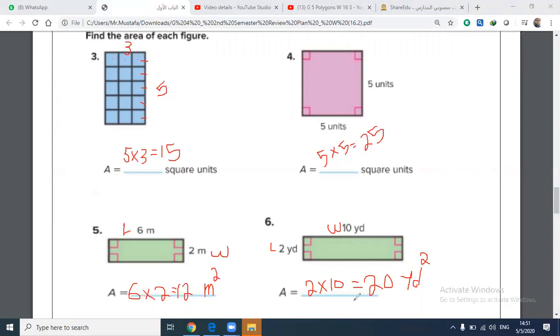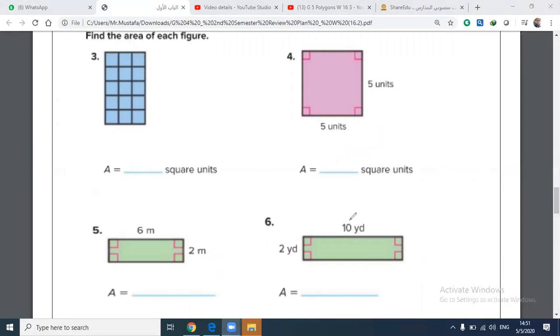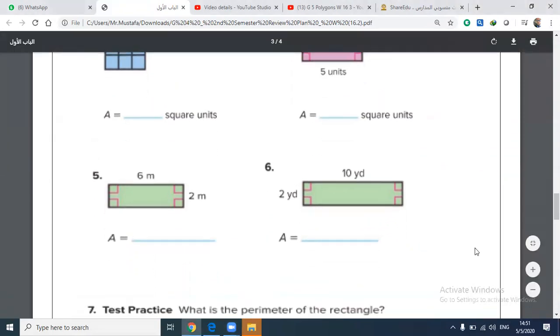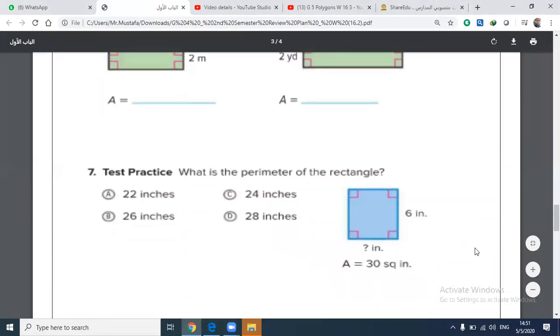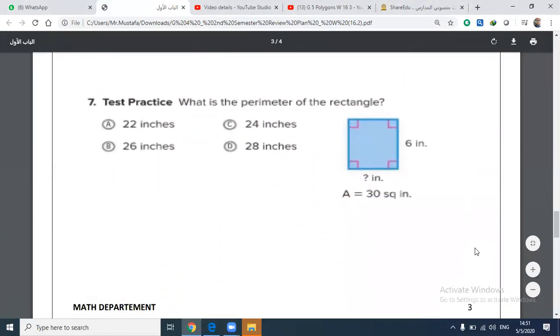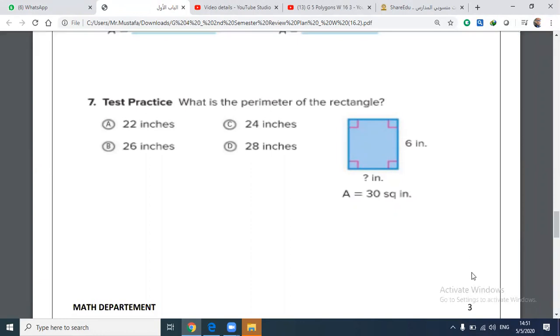Okay. Next one. Here I have this practice, very important. What is the perimeter of the rectangle that you see? It asks for the perimeter, but what is given here?